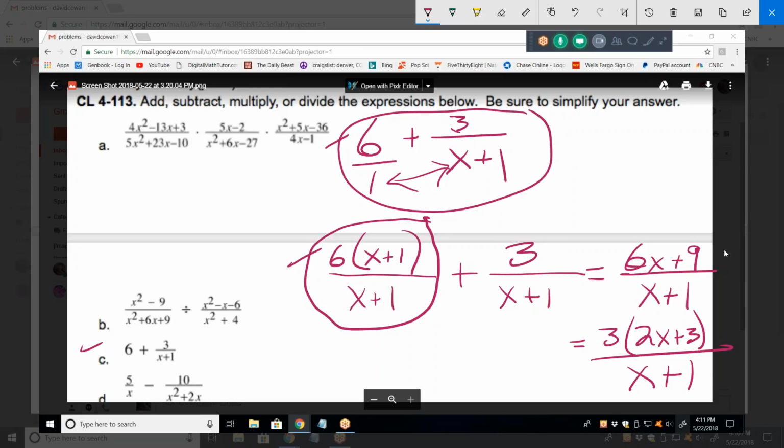So I don't do it. In other words, if I happen to have a 2x plus 3 in the denominator, then I would definitely want to do that. But I don't. And I cannot simplify 2x plus 3 over x plus 1. They have to be the same, pretty much.